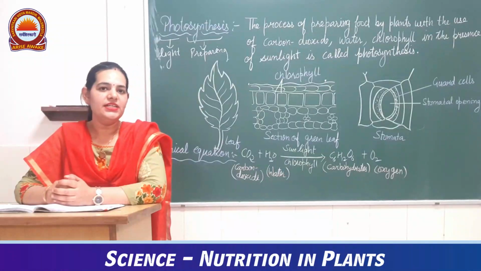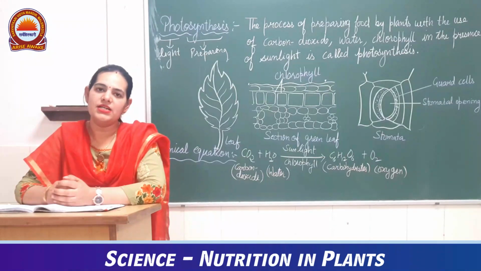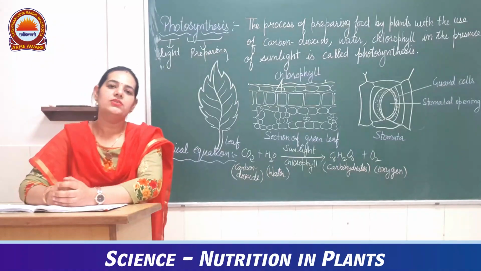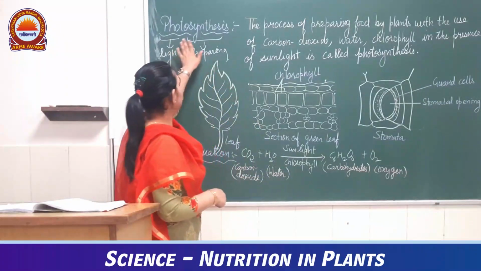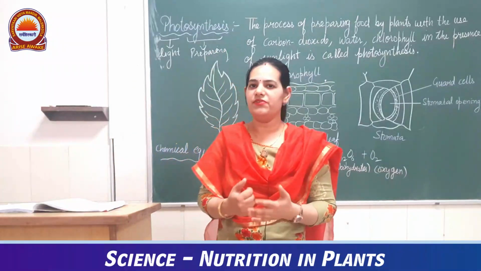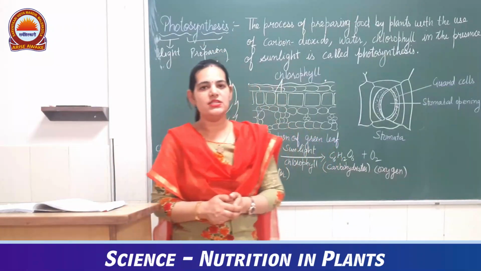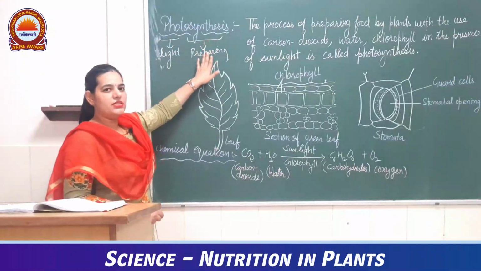Friends, we are discussing autotrophic nutrition in plants, which means plants preparing their own food. The process by which plants prepare their own food is photosynthesis. You have read about this term in your previous classes, still we will discuss it. Photo means light and synthesis means preparing.